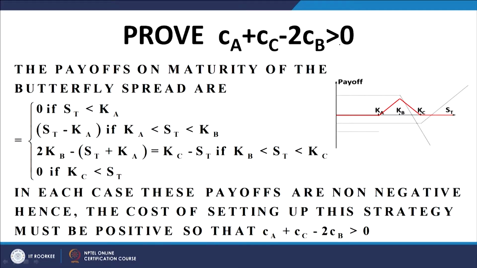In the limiting scenario, for example, if the entire stock price probability is between 0 and Ka, which is more or less an academic example, not really a realistic situation, then the worst case scenario is that this can be greater than or equal to 0, but otherwise it would be greater than 0, because the payoffs on maturity happen to be greater than 0.